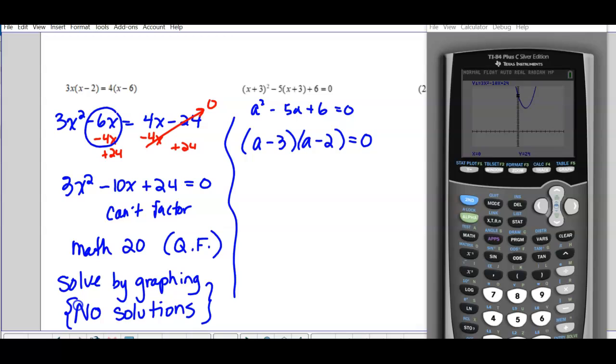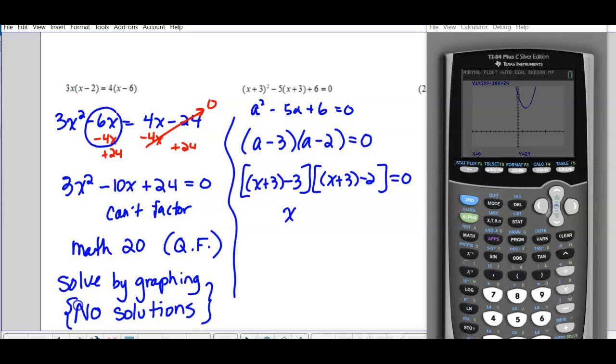And then we substitute our x plus 3 back in for a, and then simplify within those big brackets. So take a look. That's going to be x plus 3 minus 3, which is just x.